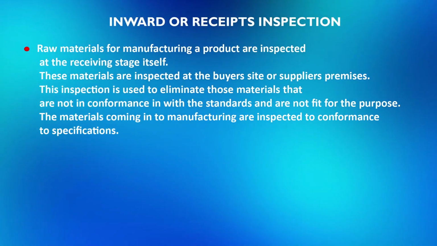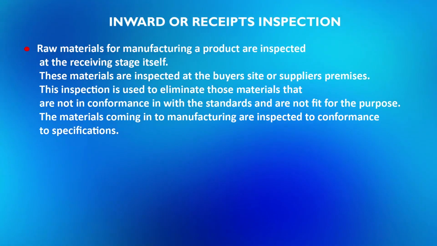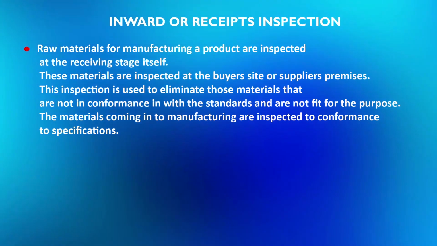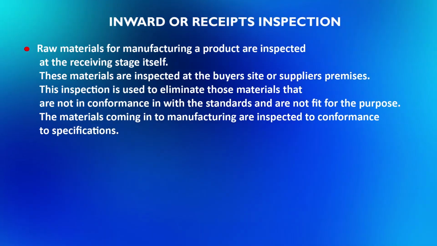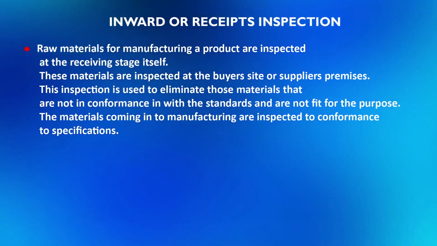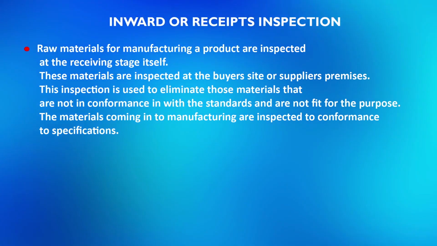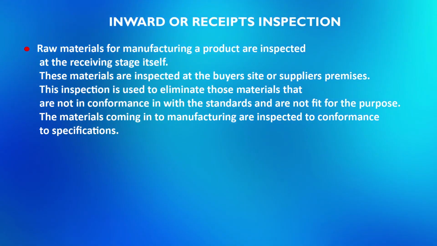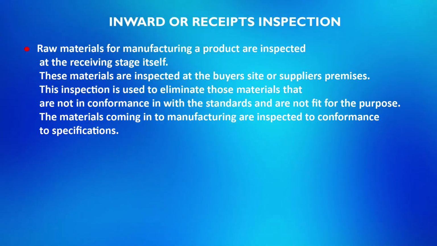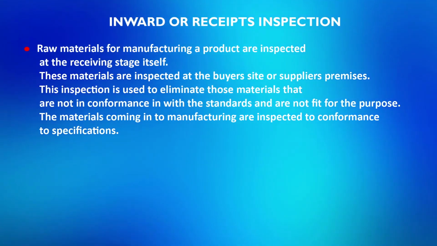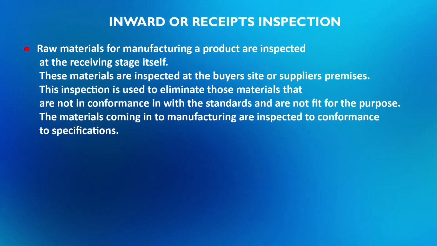Then comes inward or receipts inspection. Here the inward or receiving inspection is implemented where the raw materials for manufacturing a product are inspected at the receiving stage itself. If any material comes from the suppliers to the stores, there we will inspect, or sometimes we will inspect at the supplier's end itself.